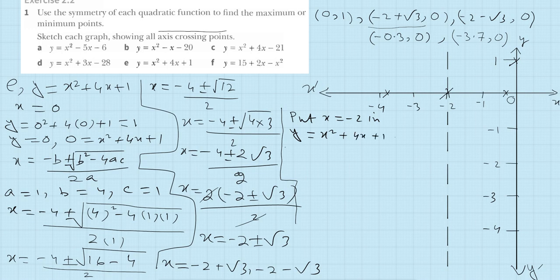So y equals minus 2 square plus 4 into minus 2 plus 1. Use calculator. The value of y you will get is minus 3. So when x is minus 2, then y is minus 3, and this is the point.